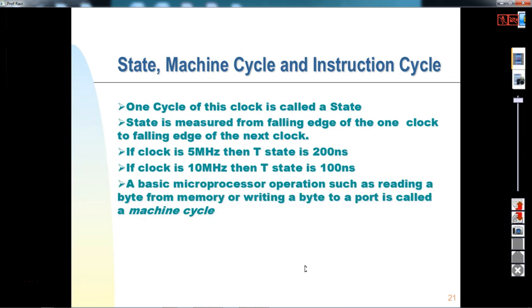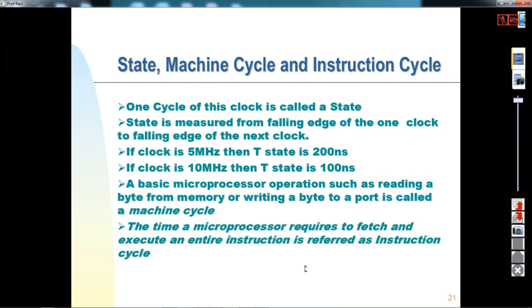A basic microprocessor operation, such as reading a byte from memory or writing a byte to a port, is called a machine cycle. So we define a cycle called the machine cycle. The time taken by the processor to do a memory read operation or memory write operation is called one machine cycle. And the time a microprocessor requires to fetch and execute an entire instruction is referred to as the instruction cycle.